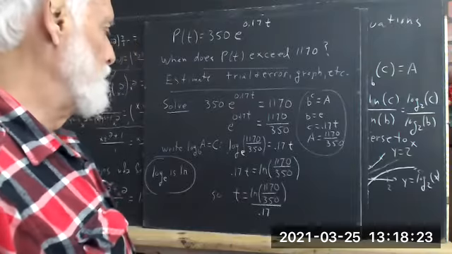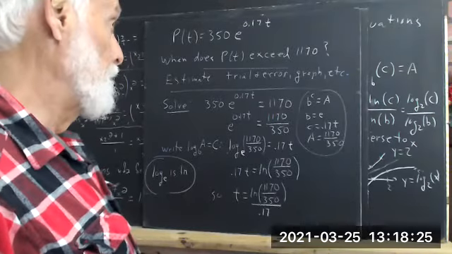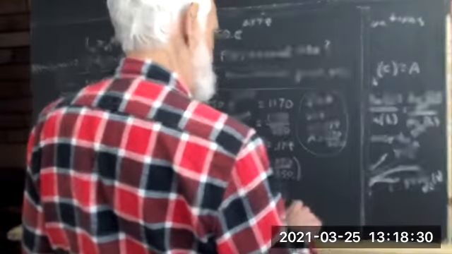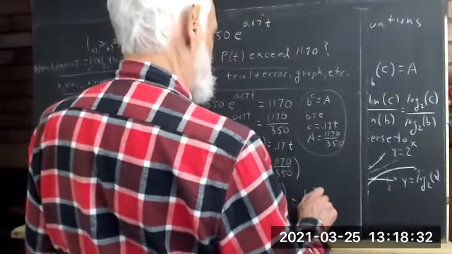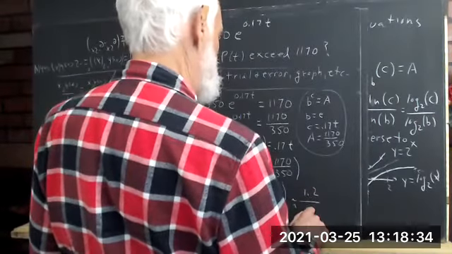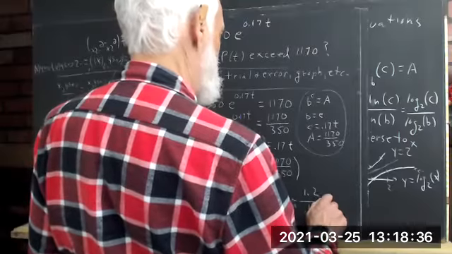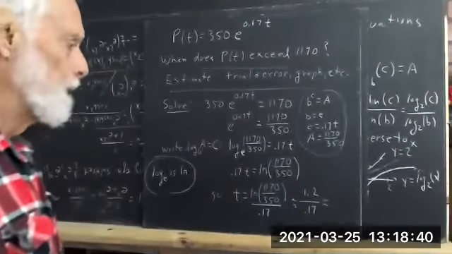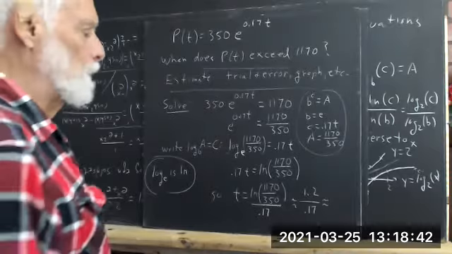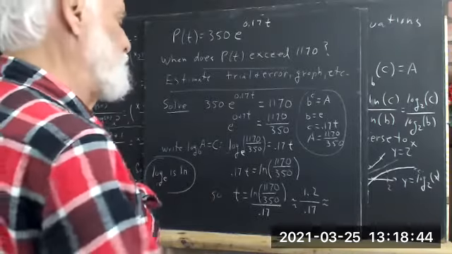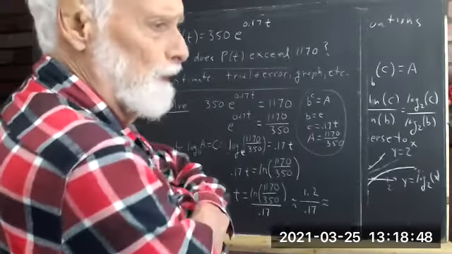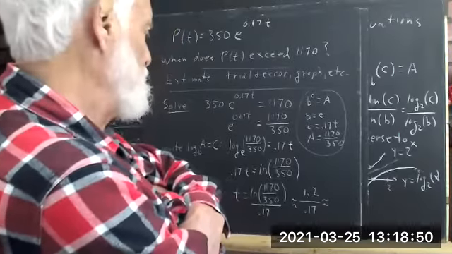So I think that the natural log of 3 1/3 ought to be about 1.2, just using my knowledge of numbers and so forth. And 1.2 over 0.17 is pretty close to maybe 7 because 7 times 17 is 119.